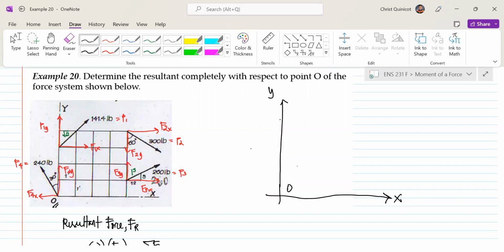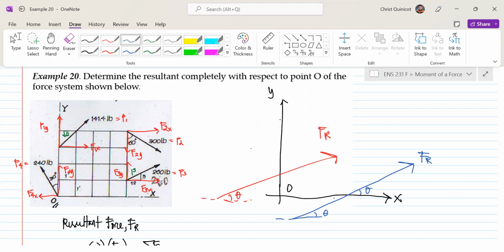Now, since our resultant force is going up to the right, we don't know exactly if our resultant force acts counterclockwise or clockwise about point O, because it can be this one, right? Because going up to the right, this is still our theta, or it can be here, F sub R, because still this is theta going up to the right.